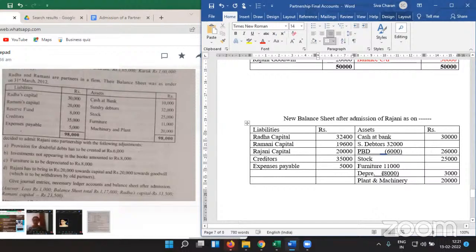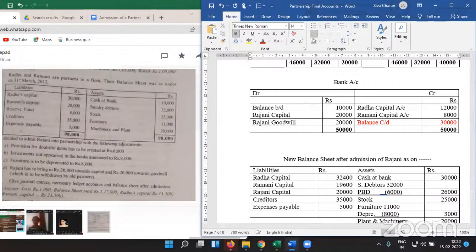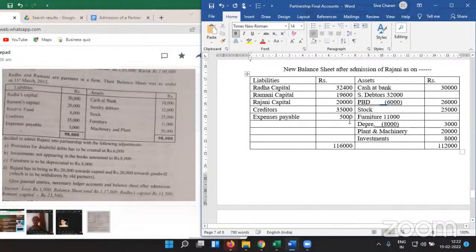Now you look at these totals. Now please do the total. Whatever the total loss, we are getting 16,000. So your total is 32,400 plus 19,600 plus 20,000 plus 35,000 plus 5,000, which is 1,12,000. Now you got it.